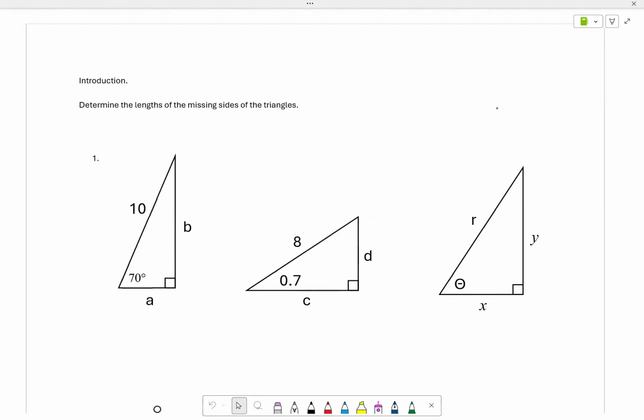So then you did multiply. That's over 10. So 10 times 7.